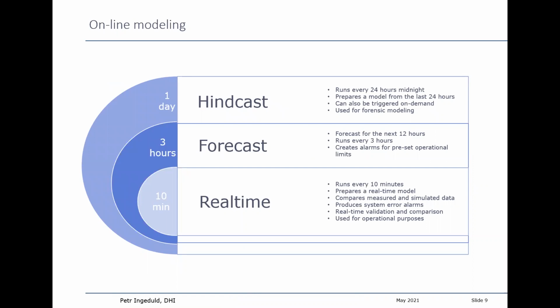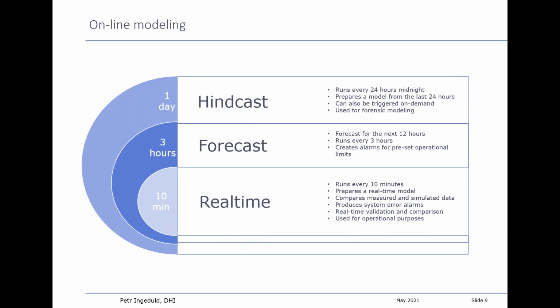The digital twins that we developed provide for 3 different operating modes. There is a real-time mode which runs on average every 10 minutes. And every time it runs, the hydraulic model will be synchronized based on the telemetry data and other databases.